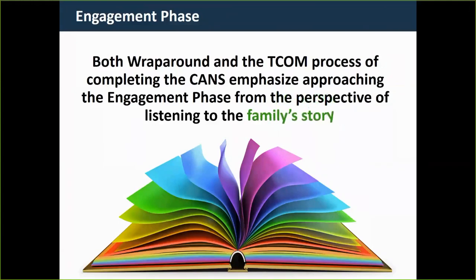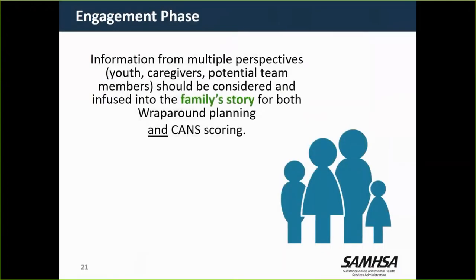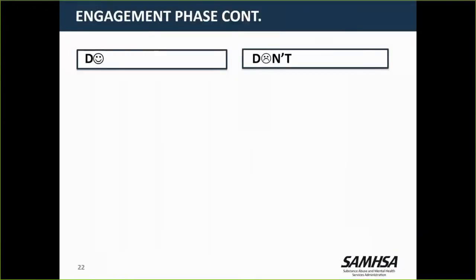Certainly information from multiple perspectives should be considered and infused into the family story for both wraparound planning and CANS scoring. So John, I think, has now emphasized this a couple of different times, which I think is really important.